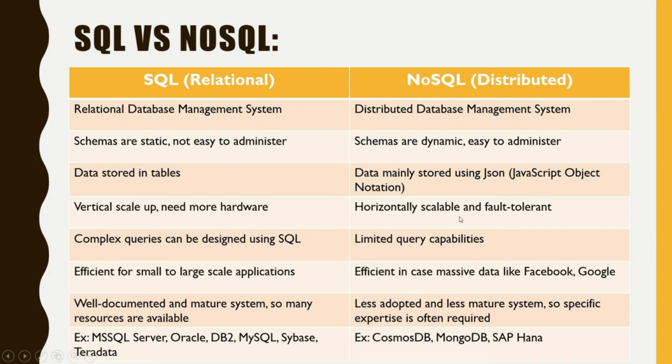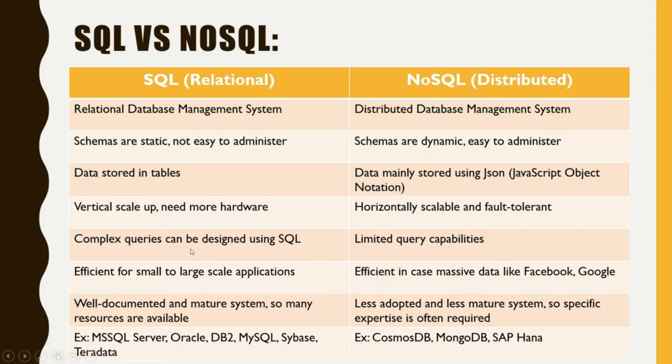Scalability means to increase capabilities. Vertical scale-up means to add more power by adding more CPU and RAM to an existing computer. Whereas horizontal scale-up means to add more computers into your pool of resources, providing fault tolerance, that is providing an uninterrupted service despite one or more of its computers failing.